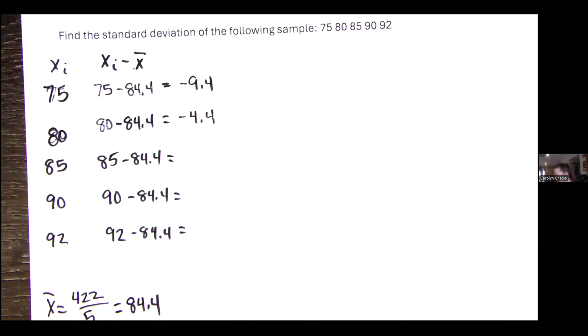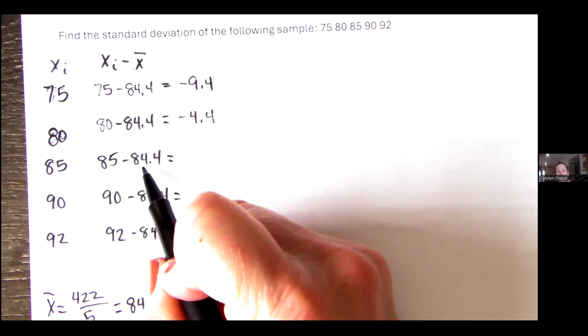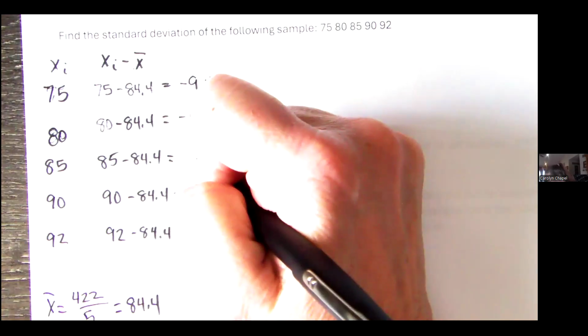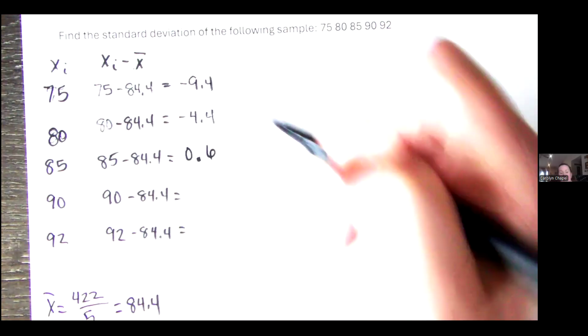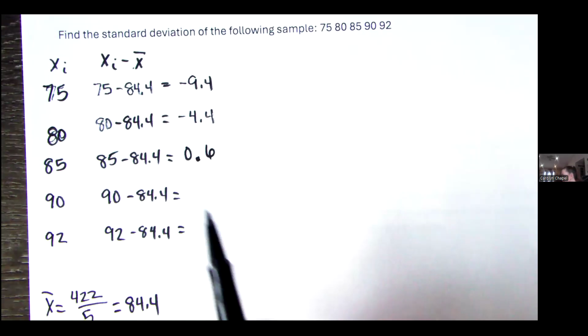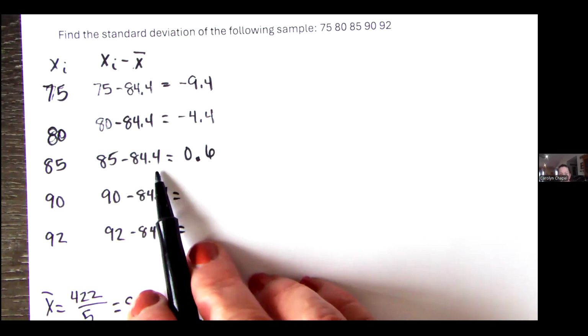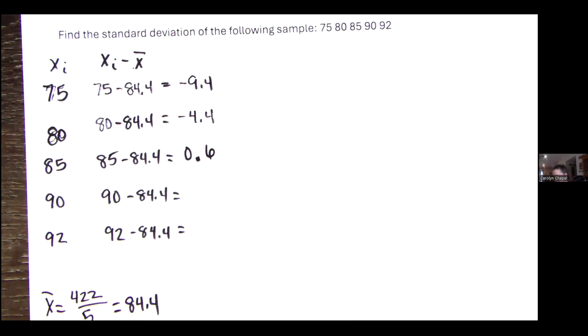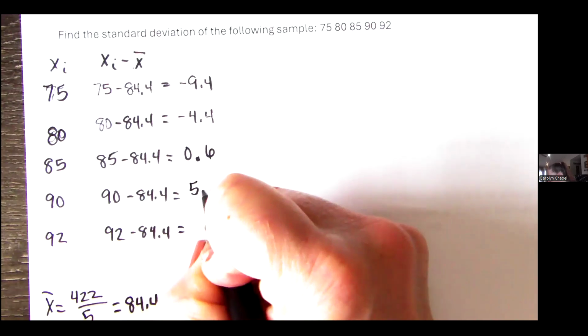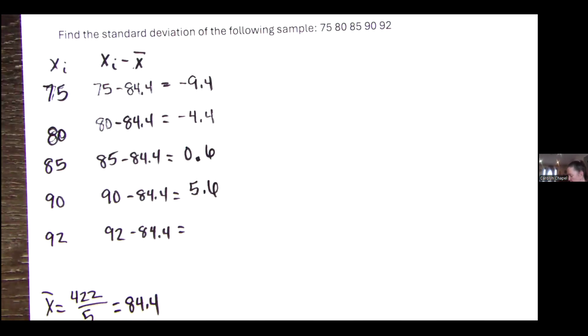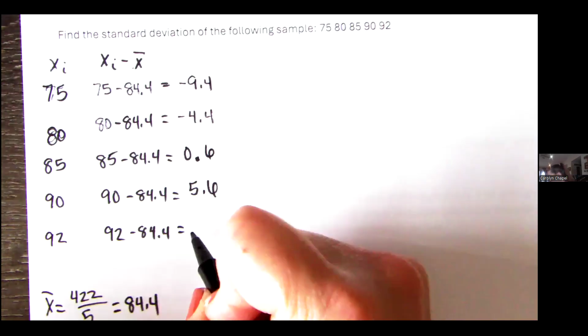If I take my 85 and subtract off 84.4, I'm going to just get 0.6, which means I am 0.6 units above that average. I'm going to subtract the other two here and get those values. This is 5.6, and this is 7.6.